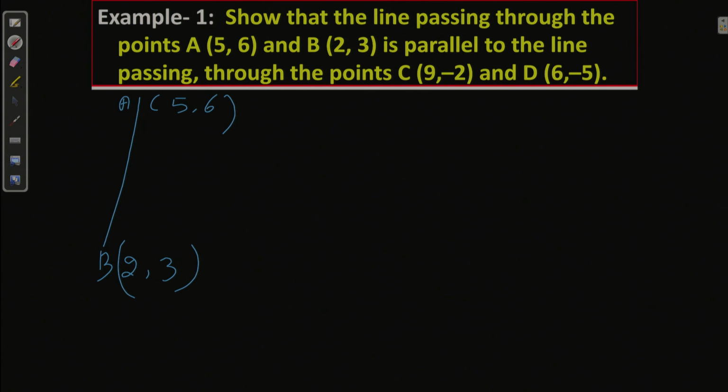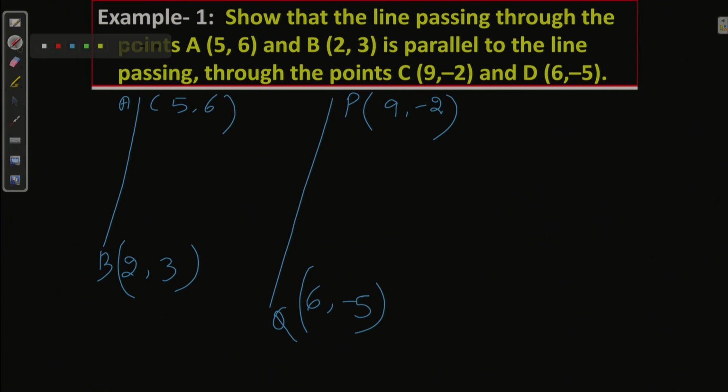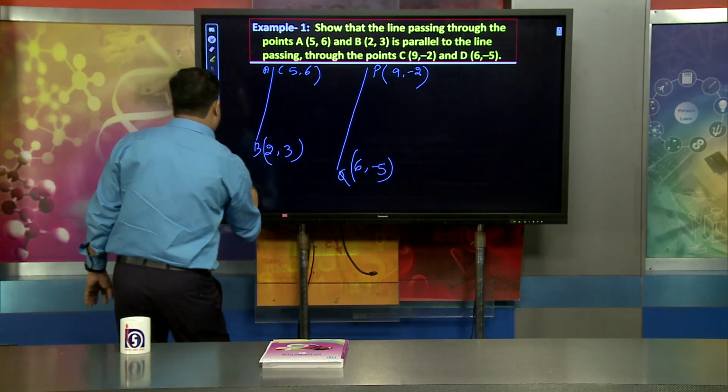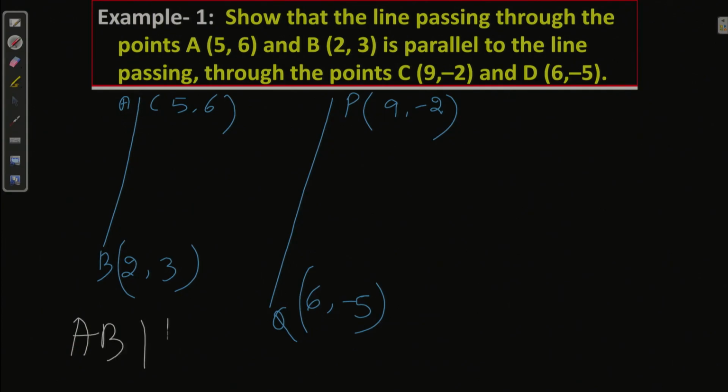Suppose another line PQ, where the coordinates of P are (9, minus 2) and Q is (6, minus 5). Now dear learners, the question is asking us to show that AB is parallel to PQ, which is possible when m1 equals m2.